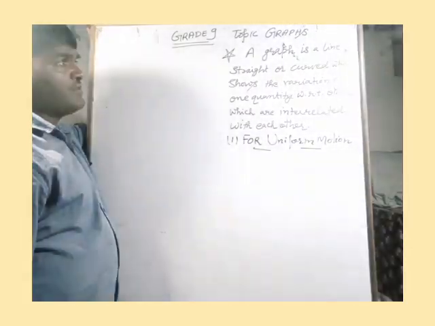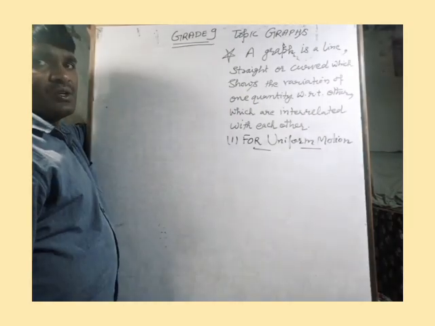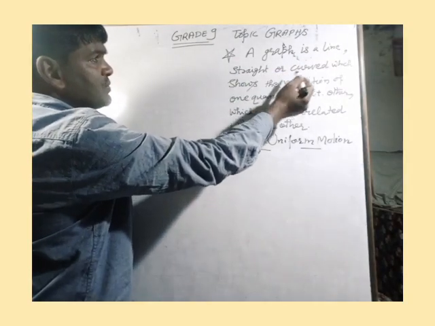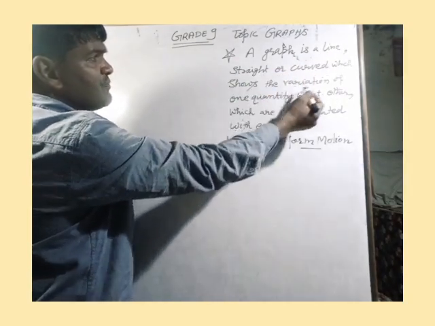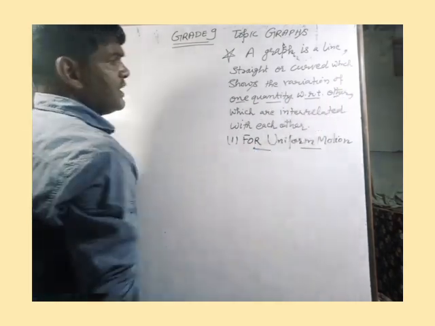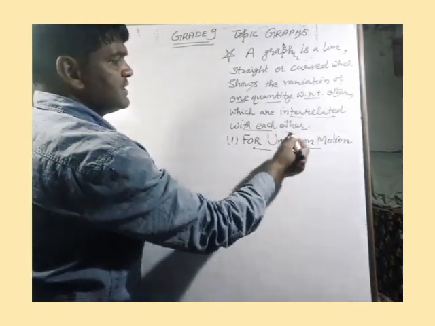What is a graph and what is the importance of graphs? A graph is a line, straight or curved, which shows the variation of one quantity with respect to another, which are interrelated with each other.